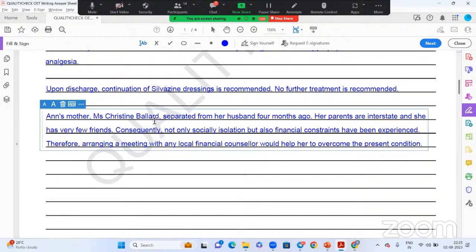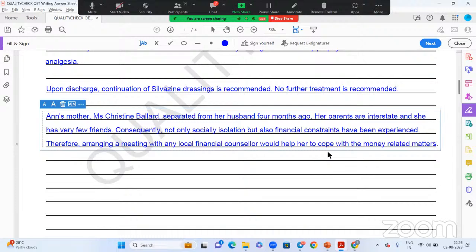So how you are writing the sentences, how you are presenting the points, is very important. So, help her to cope with the financial difficulties. Help her to cope with, don't say cope up with, cope with the financial difficulties. Cope with the money related matters.